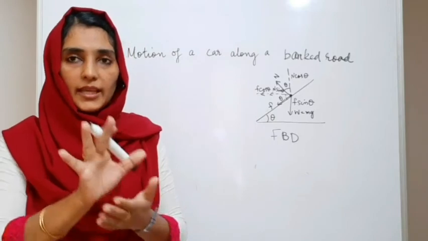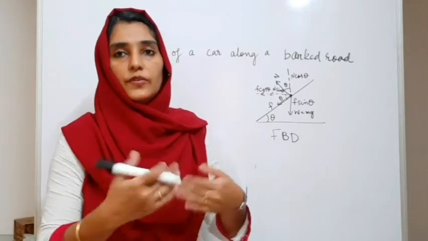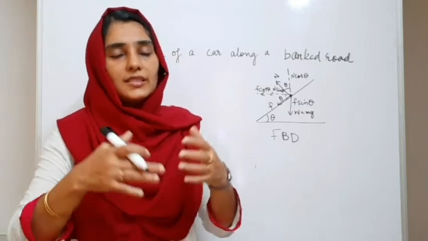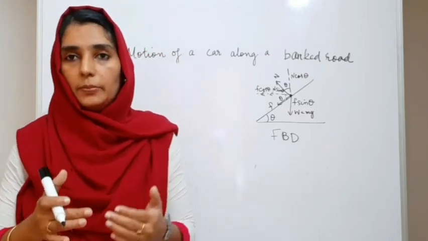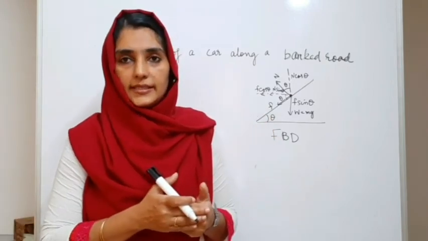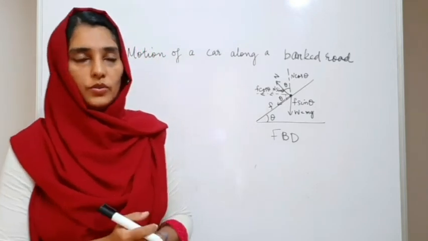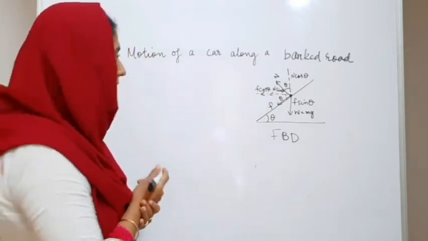That is, there is something additional to provide the necessary centripetal force. Of course, when there is more support, because it is the frictional force which always tries to keep the body in circular motion as far as this case is concerned, there is an additional term coming here.